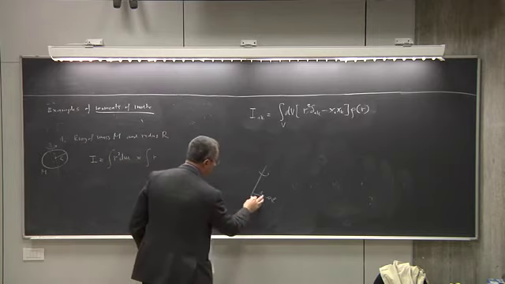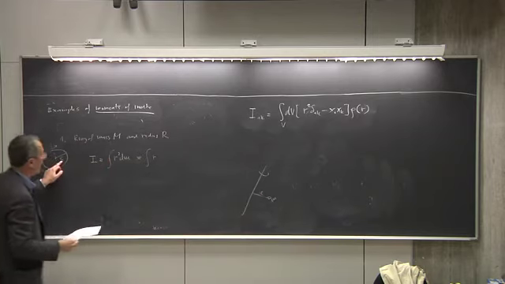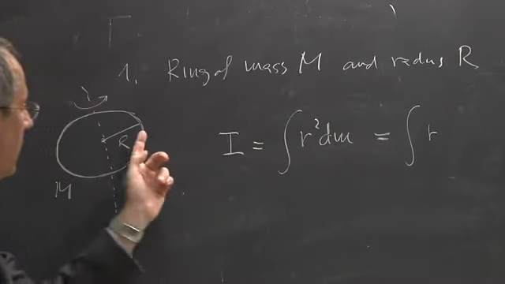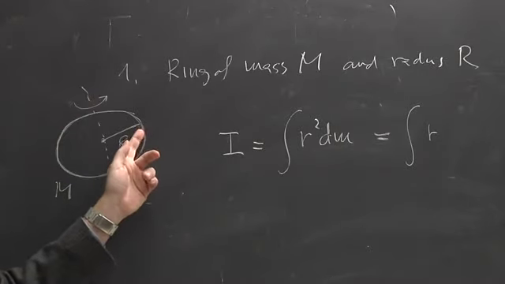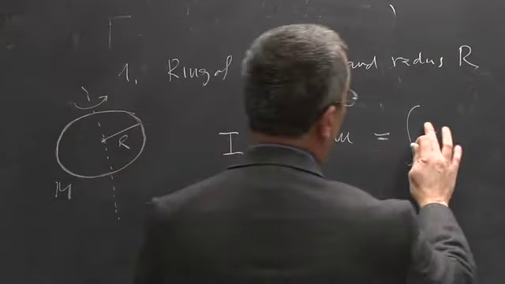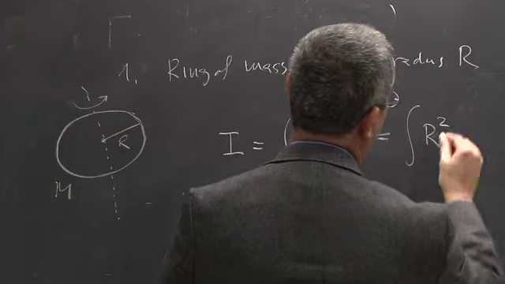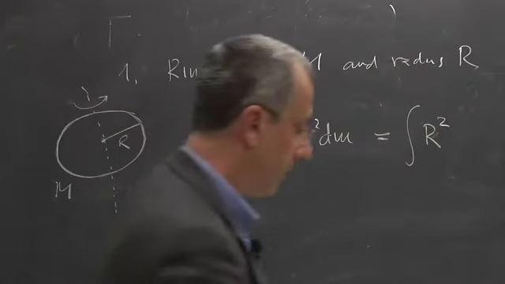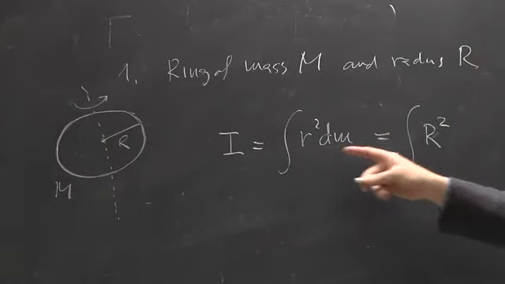So I can immediately write this dm. What is r squared in this case? Well, r squared actually is a constant, because the density of mass is different from 0 only if you are on this circle. So here, little r is just this constant value of the radius. And what is dm?